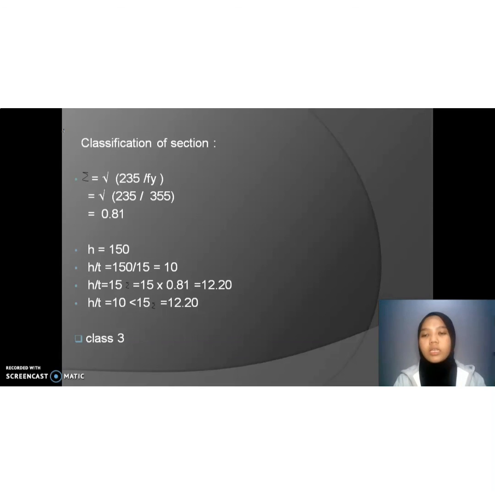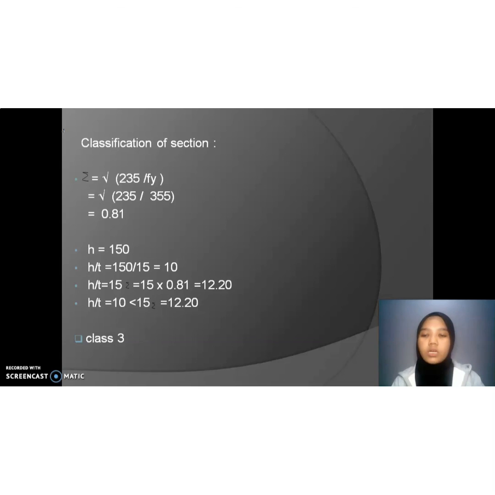And then for the outstand, 150 divided by 50 equals 10, and then 50 times the coefficient equals 50 multiply 0.81, equal to 12.20.